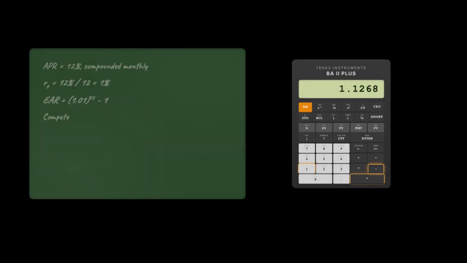Let's see this in action. A bank quotes 12% APR compounded monthly. The monthly periodic rate is 12 divided by 12, which is 1%. To find the EAR, we raise 1.01 to the 12th power. On the calculator, that gives us 1.1268.